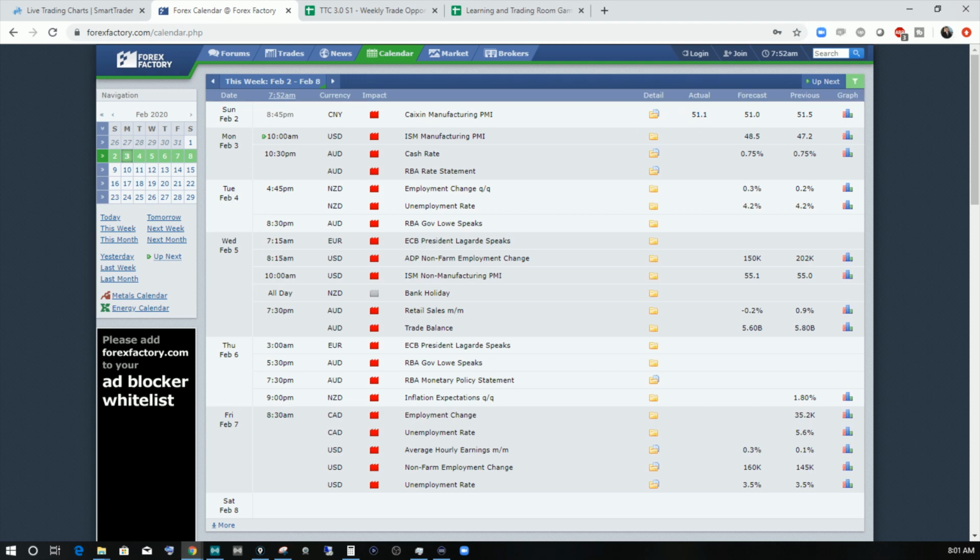That is the number I'm going to keep my eye on. And you can see right here, average earnings is not showing a good number. They expect average earnings to rise to 0.3%. I was hoping for a little bit more of an uptick on that. So it is a good number, but I was hoping for a better number to come out.